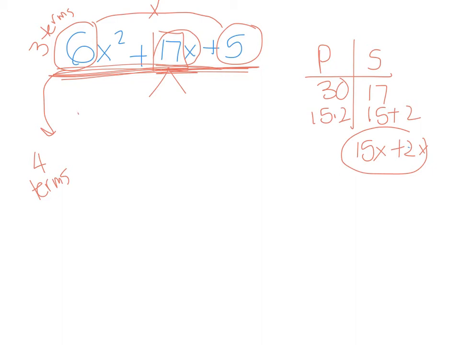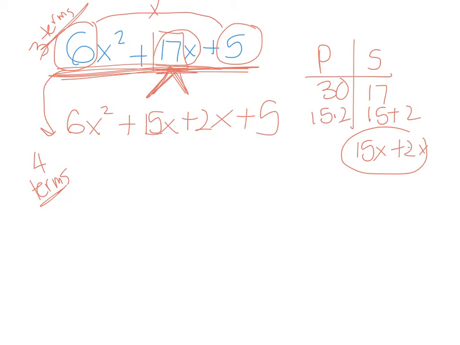So we rewrite the whole thing. 6x squared plus 15x plus 2x plus 5. So where there were 3 terms, there are now 4. The reason there are 4 is because we've changed 17x to 15x plus 2x.